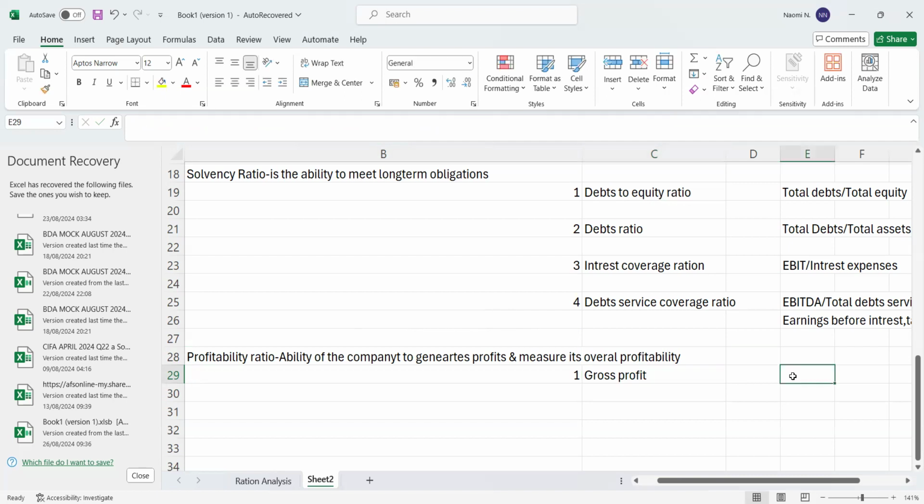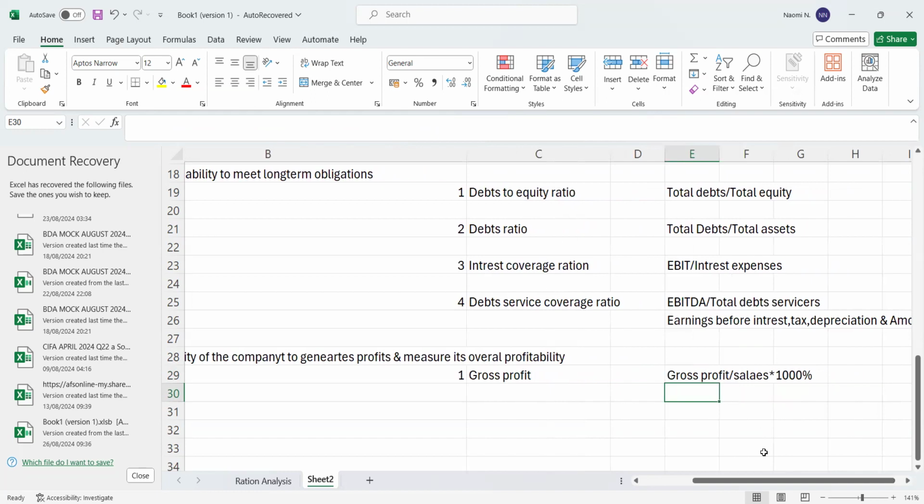Gross profit margin is equal to gross profit divided by sales times 100%. I hope you can see my formula here. We have gross profit divided by sales times, not 1,000, I'm sorry. It is 100%.